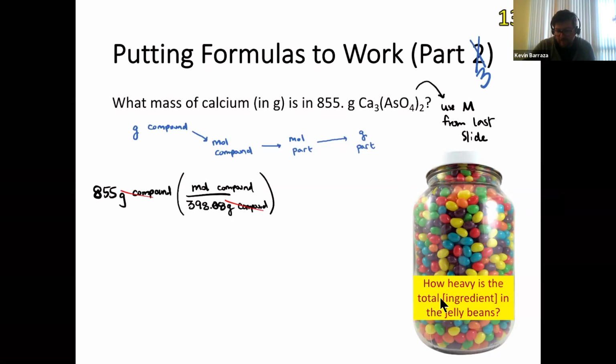So that's where we can use, again, the chemical formula, which will now turn our unit from compound to the quantity of calcium in this case. So what is that? One compound is 3 calciums.